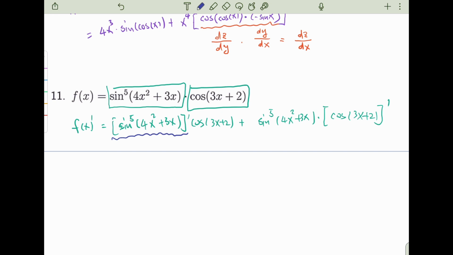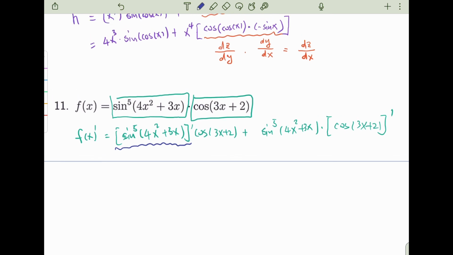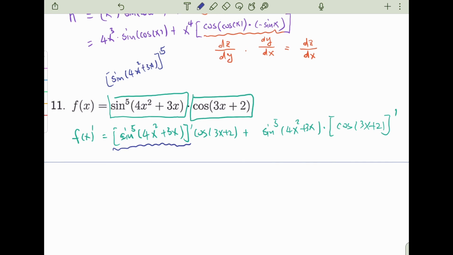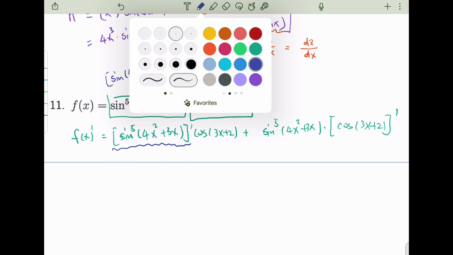It is the power function, the fifth power, because this is essentially sine of this to the 5. So actually this is a complicated expression. It has 3 functions composed together. So we need to start with the derivative of the most outside function. Okay.